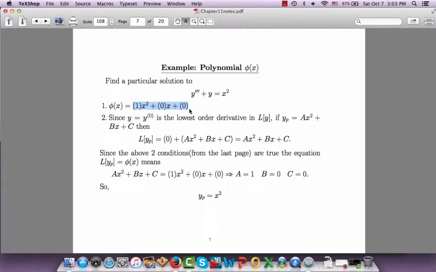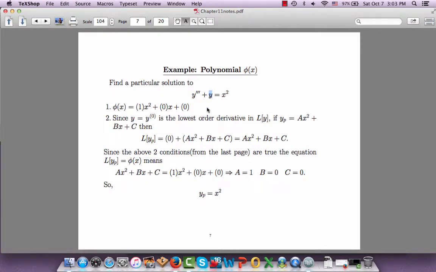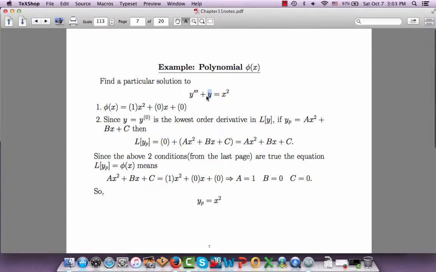Now we want to write our function y as a similar kind of combination, because y does appear in our equation. If we imagine that y is a quadratic function, then the third derivative is actually going to be 0.